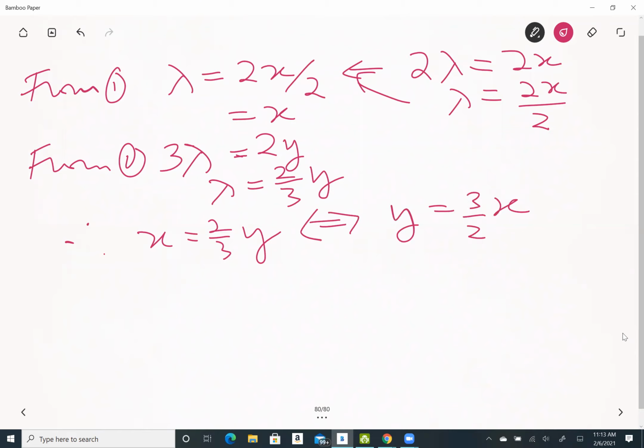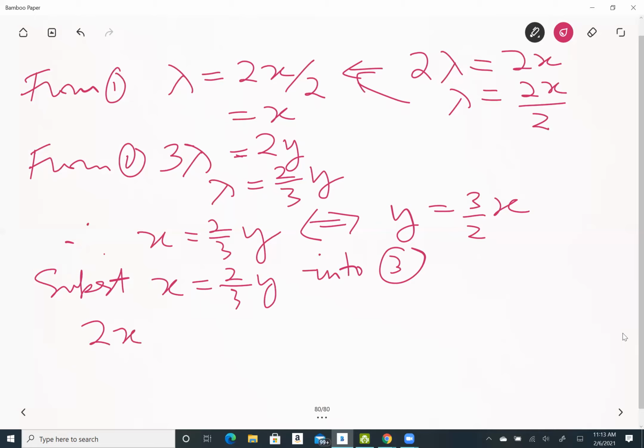So what you have now, lambda dah tak ada. Alright, lambda is gone. So we can put this into what? Into number 3. So you substitute x equal to 2 over 3y into 3. So what do I get? I get 2x. So that is our equation. 2x plus 3y minus 50 equal 0.